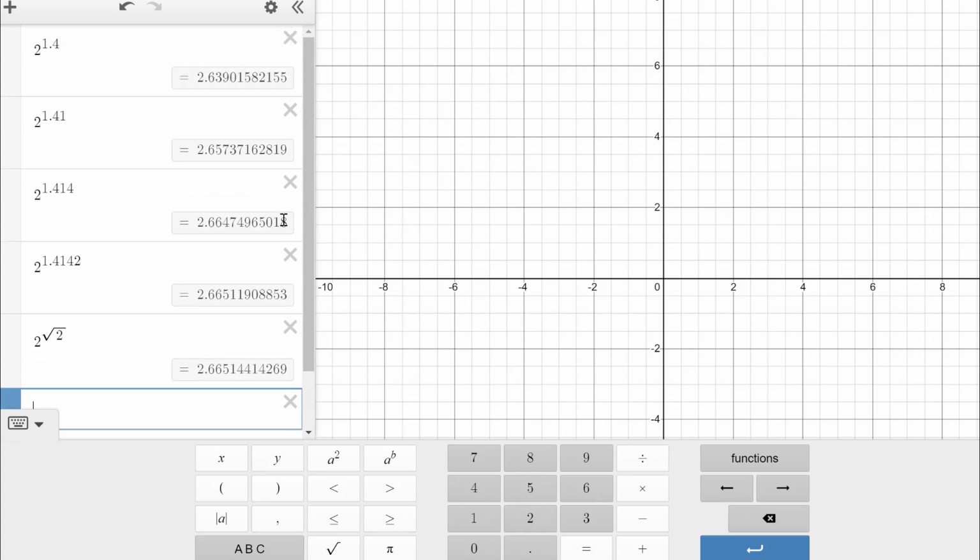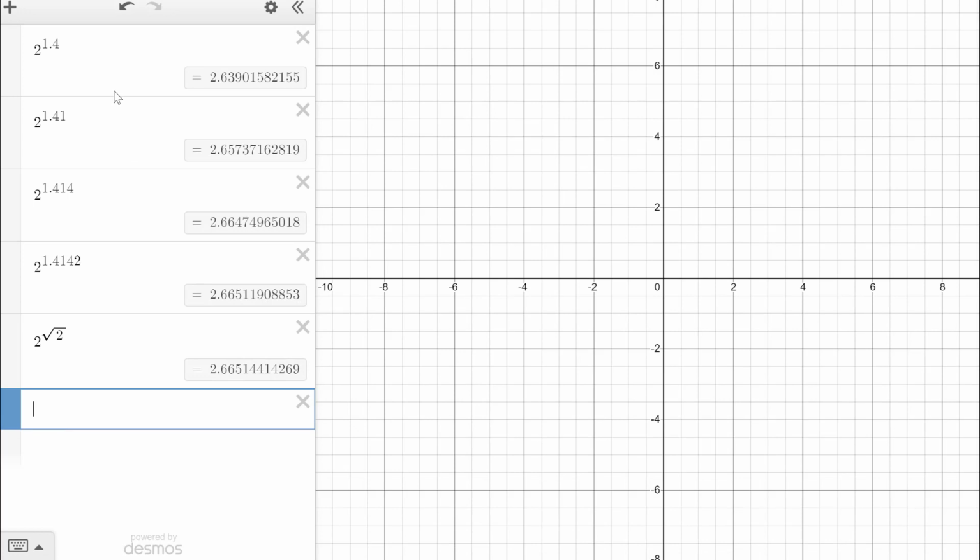All right, so we cycle through these, and you can see we started out at 1.4. We get 2.63. 1.41 is 2.66. 1.414 is 2.665. And these values are all trending towards the actual evaluation of 2 to the radical 2. And so we're just looking at approximations for the first 4 parts of that.